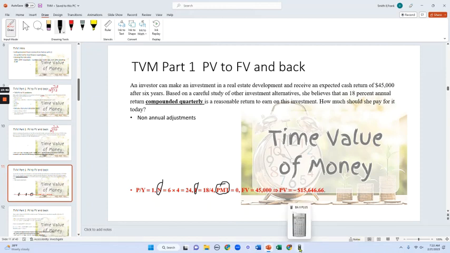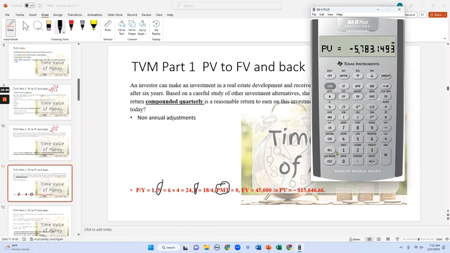And so when we put it into a calculator here, we'll clear it out. You had an N of 6 years, but it was quarterly, so it's really 24. You have an I of 18%, but it's actually quarterly, so you divide it by 4, and you'd use 4.5%.